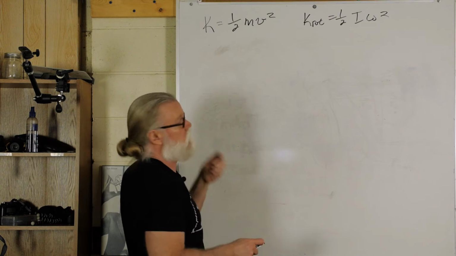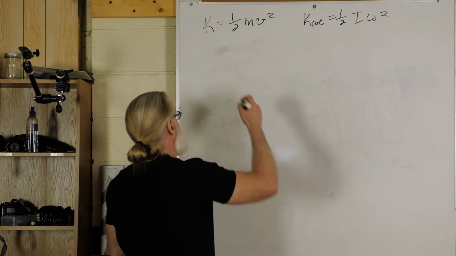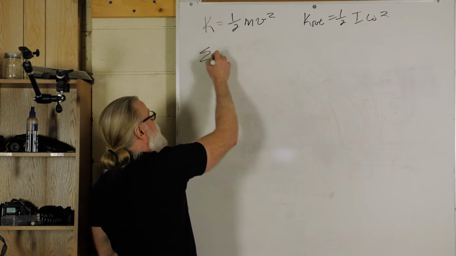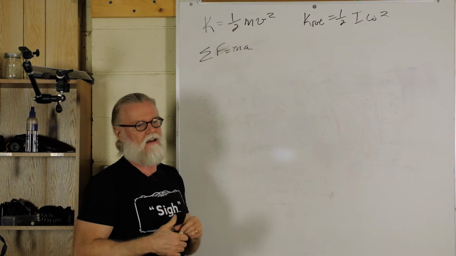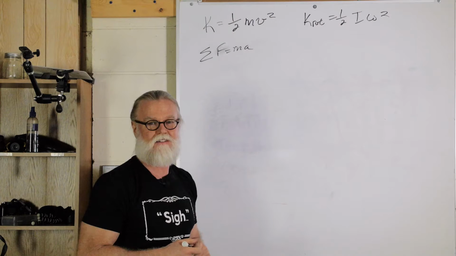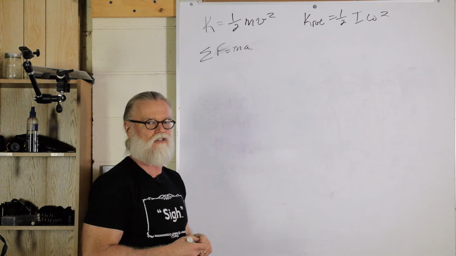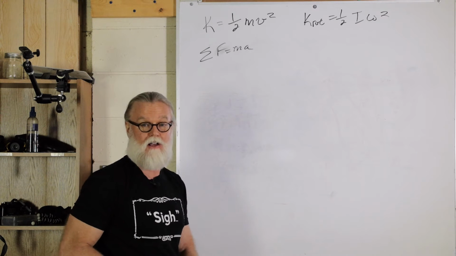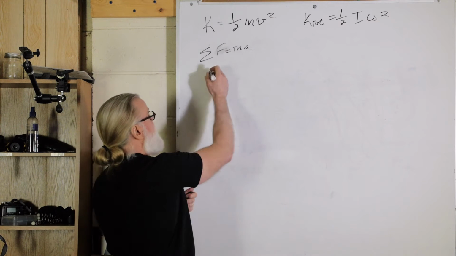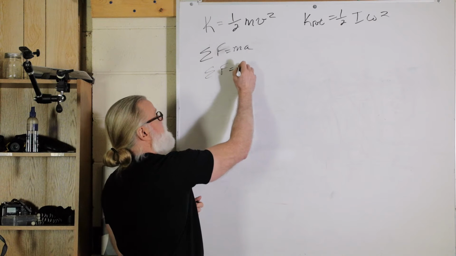Well, we've studied energy so far. We've also studied Newton's second law. It's about all we've studied so far. And we saw that the sum of the forces equals mass times acceleration. So forces cause acceleration. Forces do not cause velocity. We never said the sum of the forces equals mass times velocity.